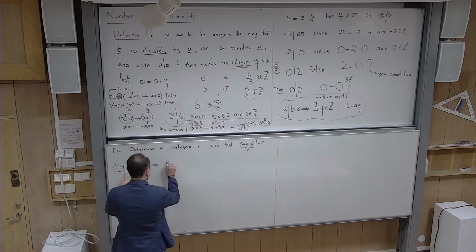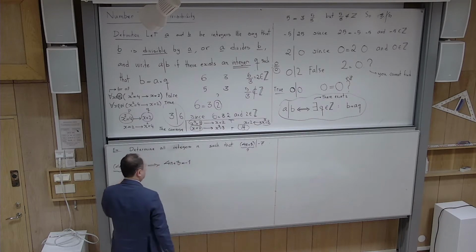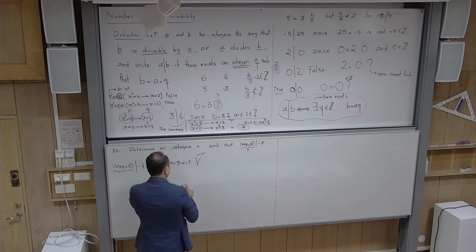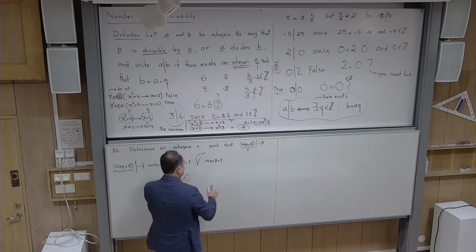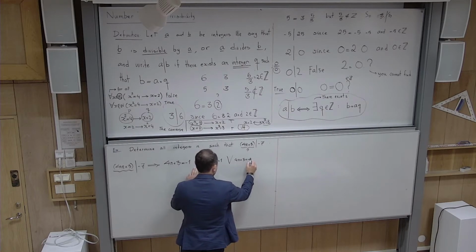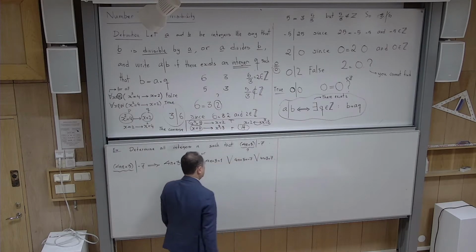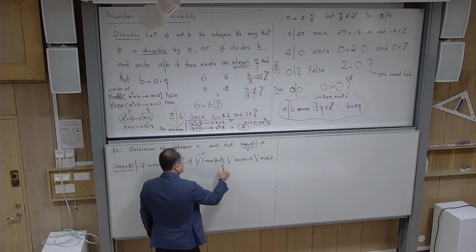So you can say that 4n plus 3 is either minus 1, or, I will use this symbol for or, 4n plus 3 is 1, or 4n plus 3 is minus 7, or 4n plus 3 is 7. So if you want, let us write like this.